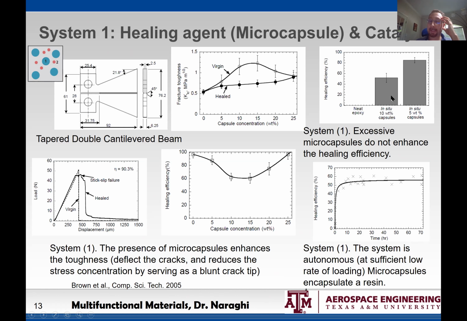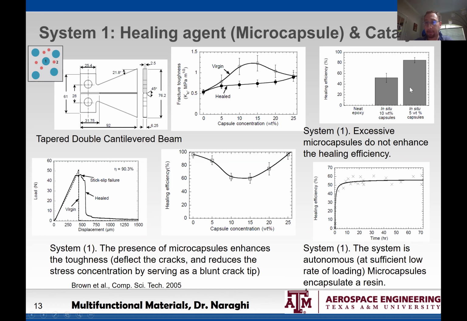At 10%, the healing efficiency basically drops because you're adding these healing agents, but they're not contributing to any healing because you have certain amount of cracks, and the number of cracks per unit volume has to have a say in how much microcapsules you need to have per volume to have the same healing.